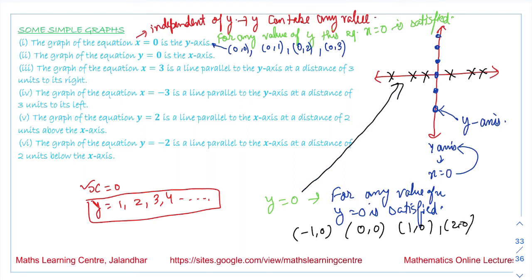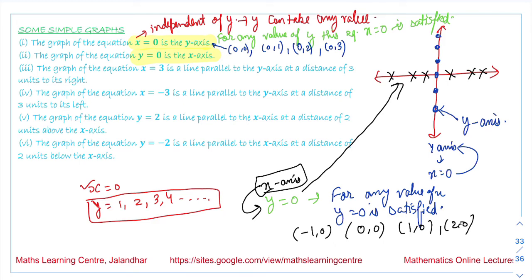So y equal to 0 represents the equation of the x-axis. You must remember these 2 very important points: when x equal to 0 is given for a plane, it is representing the y-axis, and when y equal to 0 is given, then it is representing the x-axis.